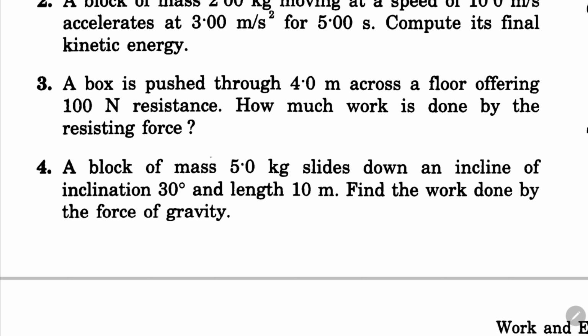In question number 4, we have a block of mass 5 kg and it is sliding down an incline of inclination 30 degree, by 10 meters. So we need to find the work done by gravity. So for the fourth question, what do we have?